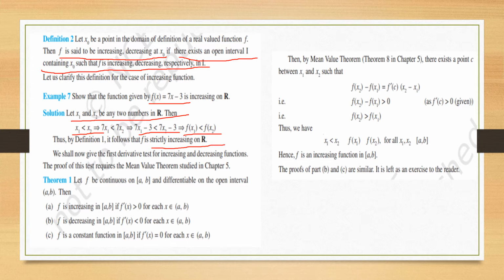Now there is a theorem: let f be a continuous function on [a, b], as we have studied in Rolle's theorem and mean value theorem, that f is continuous on the closed interval [a, b] and differentiable in the open interval (a, b), then this function is increasing on [a, b] if f dash x is positive.